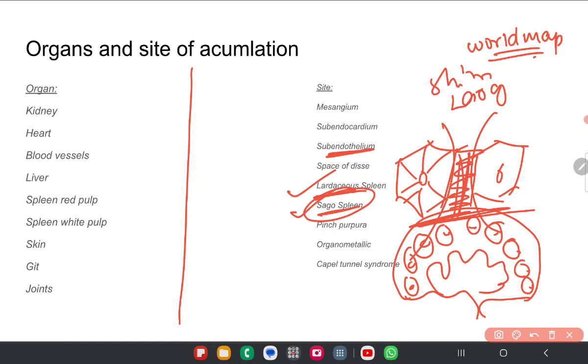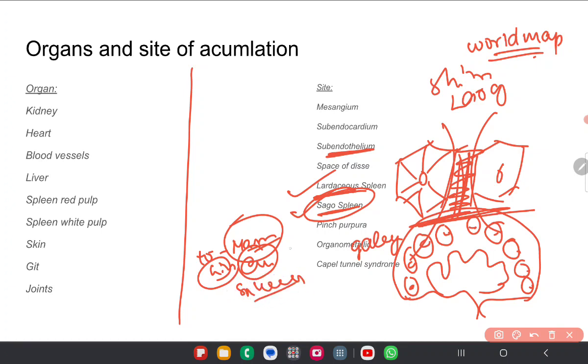Everywhere in our body there is enlargement, like the tongue, leading to macroglossia, the liver also enlarged, and other organs such as splenomegaly, and so on. In every organ it leads to a megaly condition, which is nothing but an increase in size.